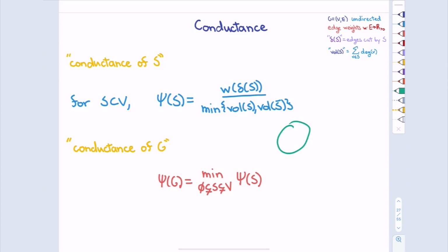So here's my set S, and I'm looking at the weight of the edges cut by S, divided by the total volume, which is the sum of degrees in S, especially if S is the smaller half. So if S represents less than half of the volume of the graph, then you don't have to worry about the min, it'll just be volume S in the denominator. And the conductance of the graph is the minimum conductance over all sets S.